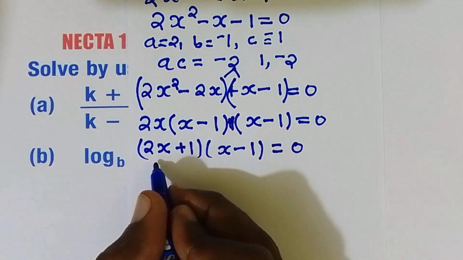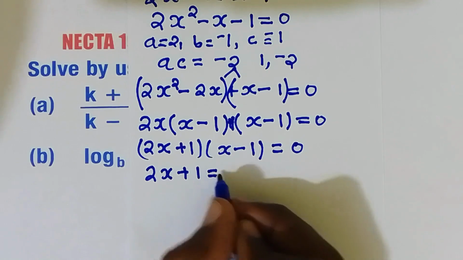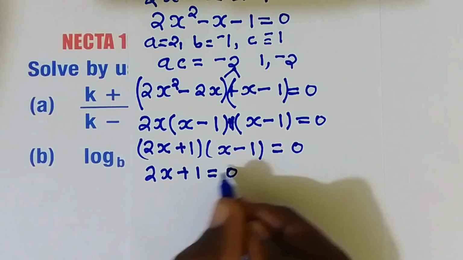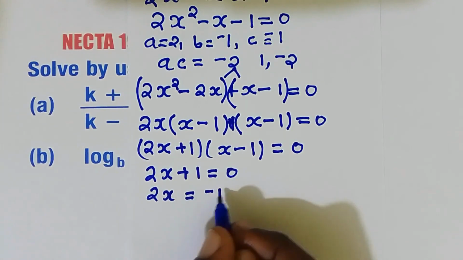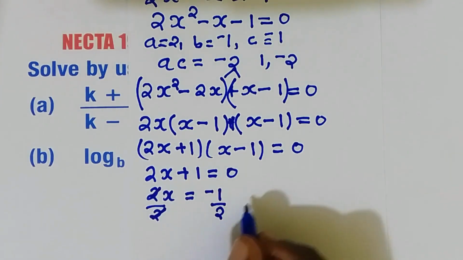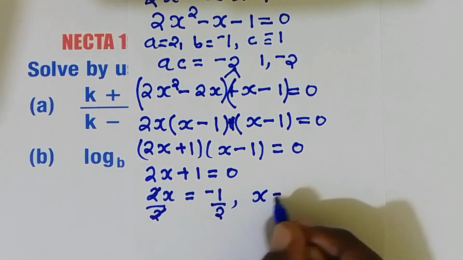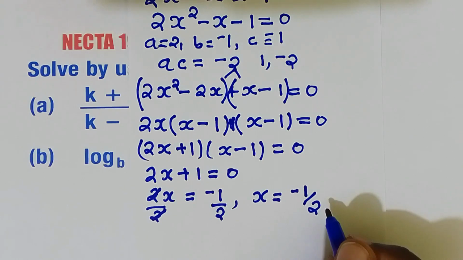Let us solve for x. 2x plus 1 is equal to 0. So we have 2x equal to minus 1. Divide by 2, divide by 2. We get x is equal to minus 1 over 2.